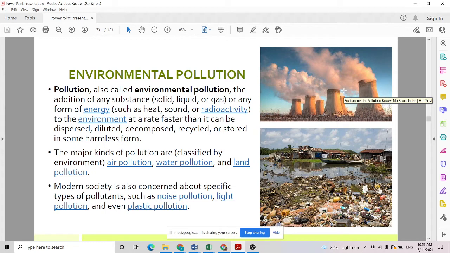But here this is a cooling tower. This cooling tower is producing steam, and steam can be diluted, it comes back into the water. So this is not pollution, although this chimney is quite big.